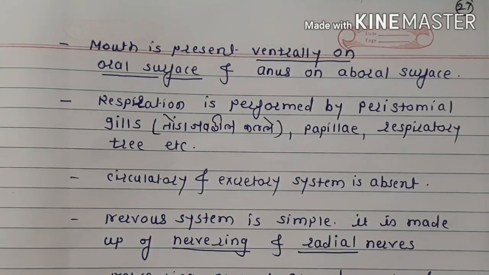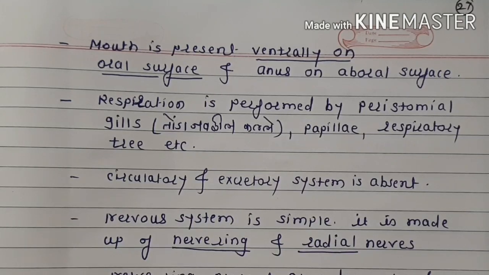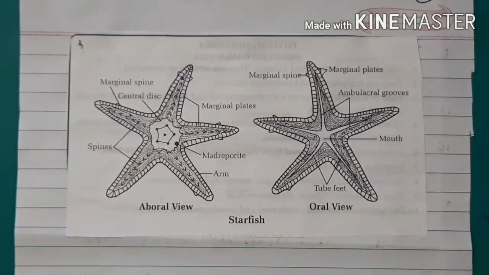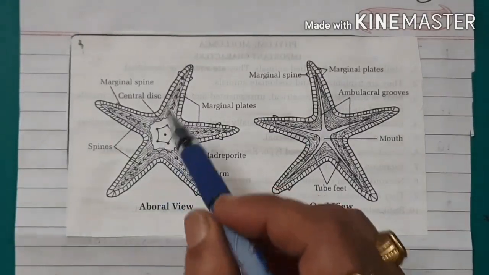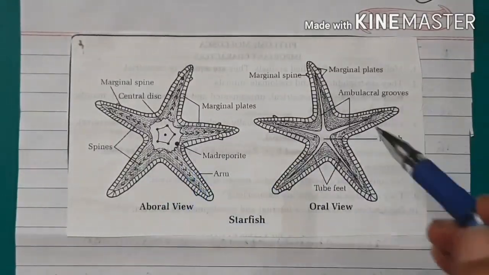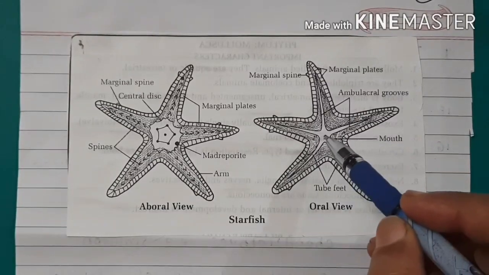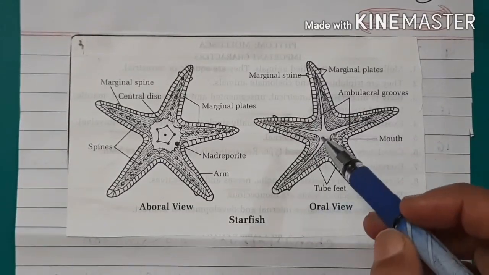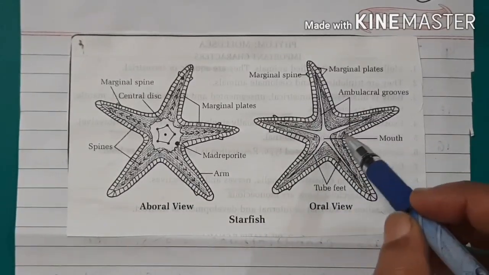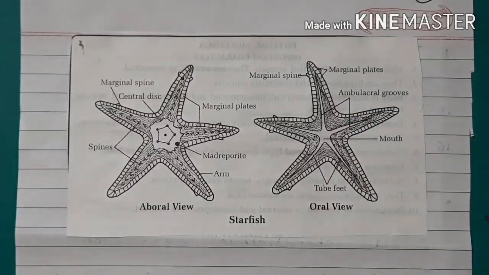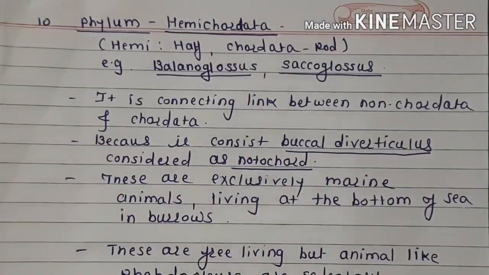Nervous system is simple. It is made up of nerve ring and radial nerves. Nerve ring is present around the mouth and radial nerves are present in the arms.